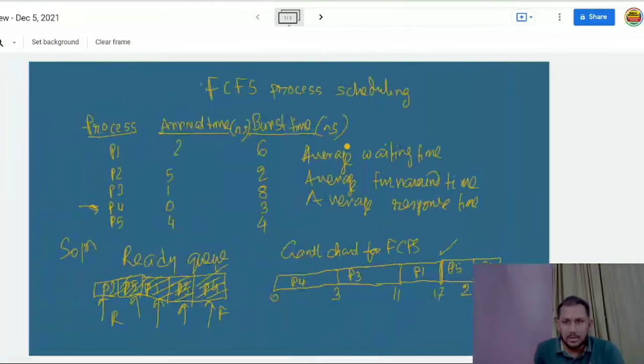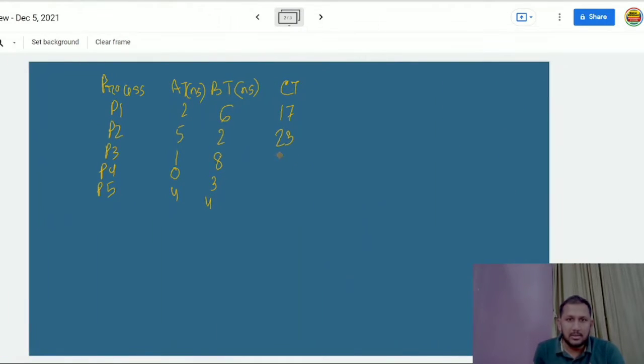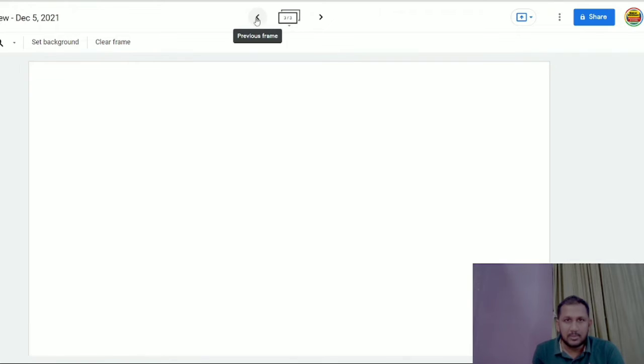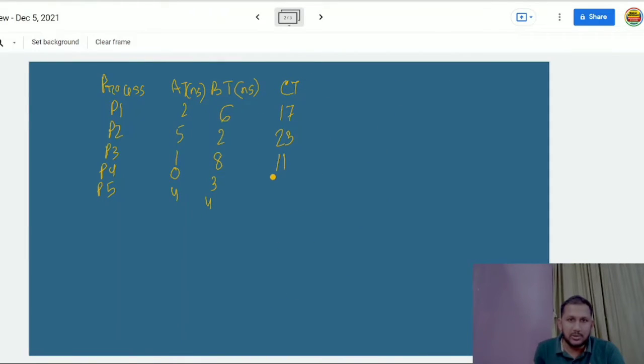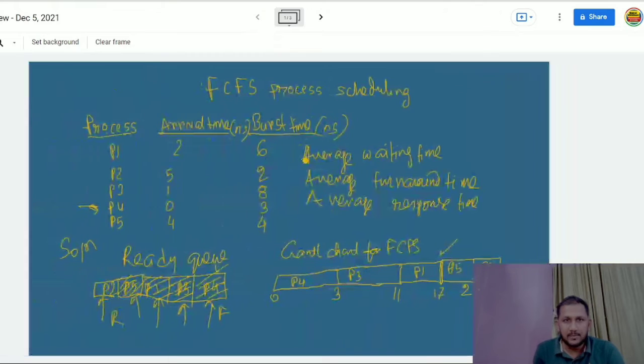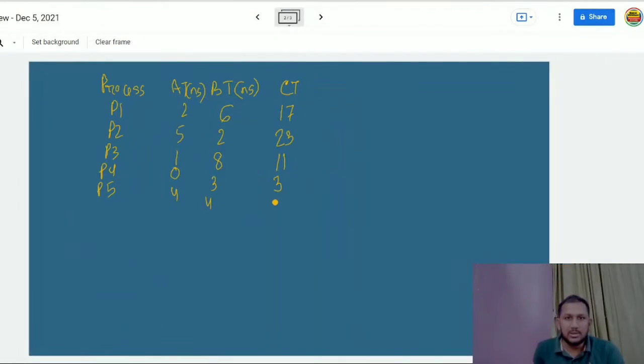The completion time of P3 is 11. The completion time of P4 is 3, and the completion time of P5 is 21.